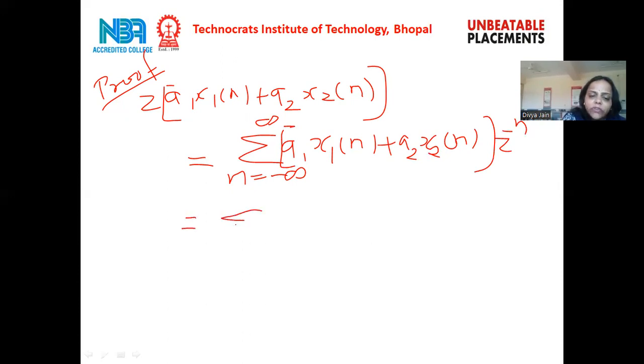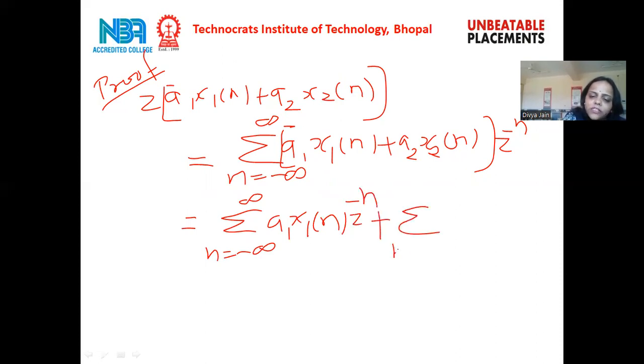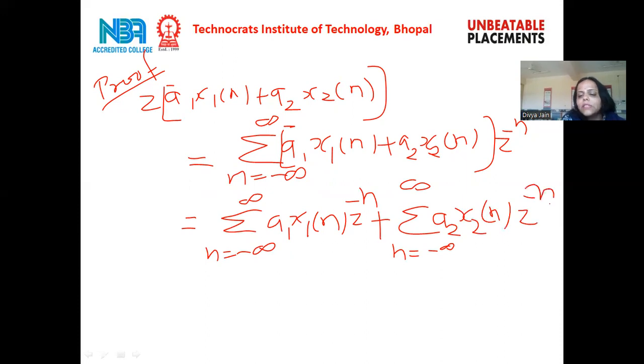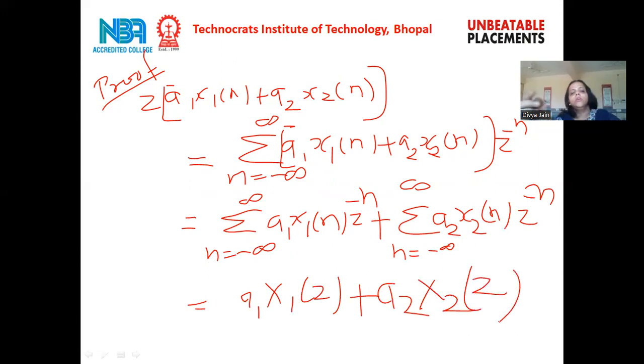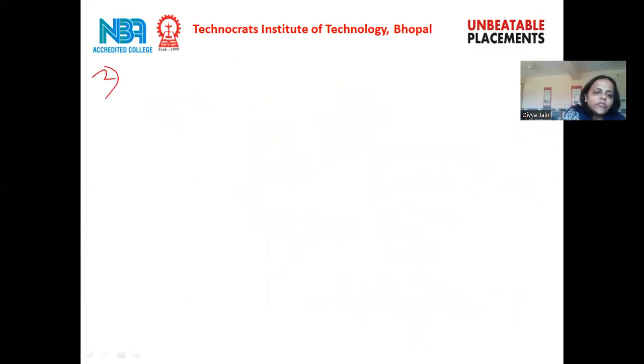After expanding this, we will get summation n equals minus infinity to infinity A1 x1[n] z to the power minus n plus summation n equals minus infinity to infinity A2 x2[n] z to the power minus n. So we will get A1 X1(z) plus A2 X2(z). This is the property of linearity. Now the next property is time shifting property.